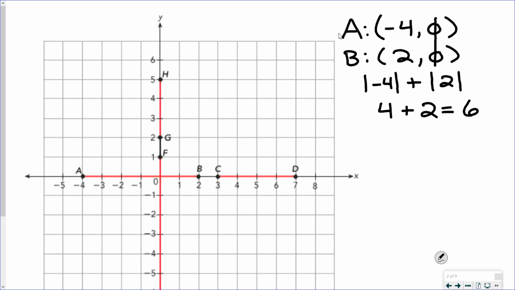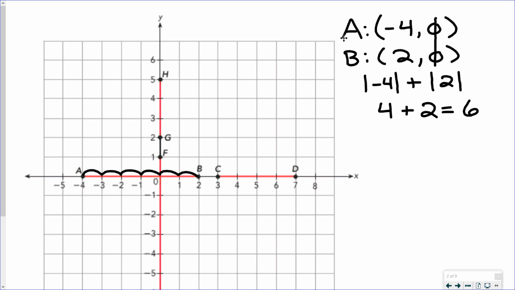Now you could also find your length if you have a line segment by doing some counting. So you would start at A and you would go 1, 2, 3, 4, 5, 6. But really that second method works best if you have the lines already.